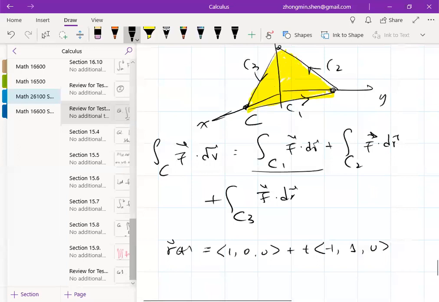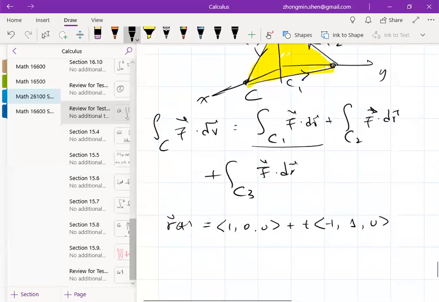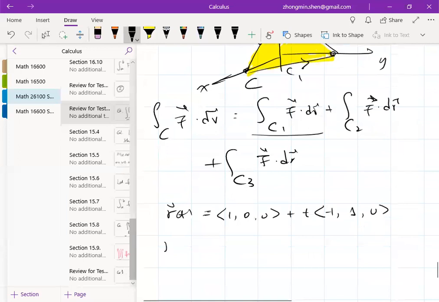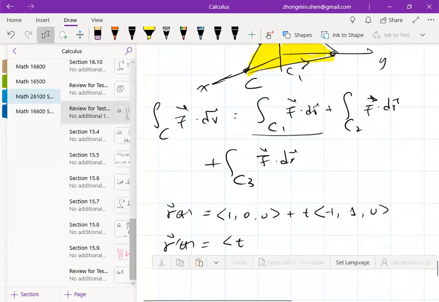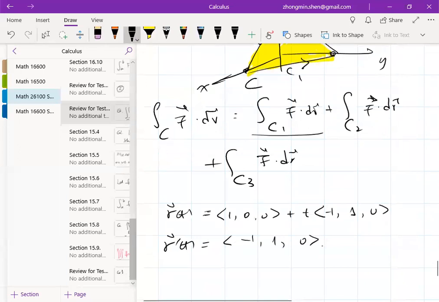When t equals 0, you get the starting point; when t equals 1, you get (0, 1, 0). Clear. So the derivative is going to be this.